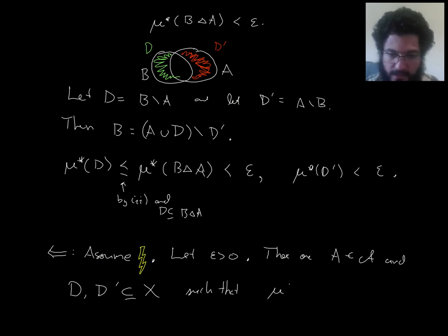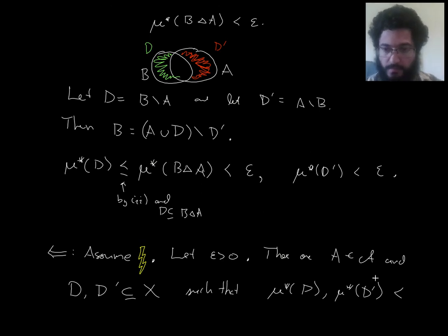But still kind of special because they have small outer measures. And I can make them as small as I want. I choose to make them smaller than epsilon over 2.